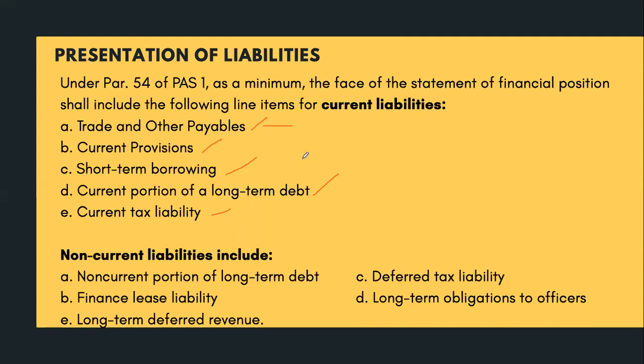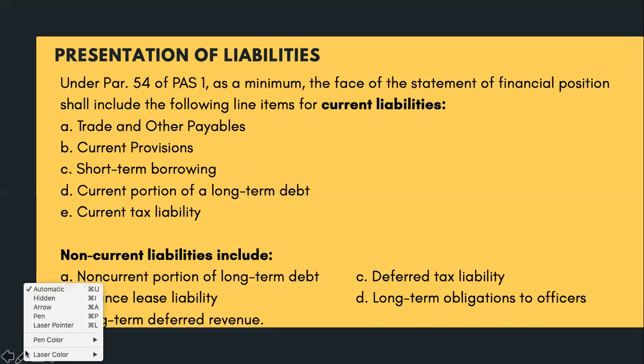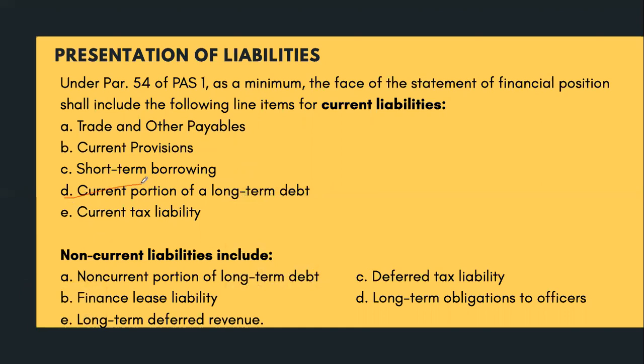Okay, how about non-current liabilities? This includes what was presented earlier: you have the non-current portion of long-term debt. Di ba, you noticed the current portion of long-term debt, and here is the non-current portion. Because it is current if payable within 12 months after the reporting period.